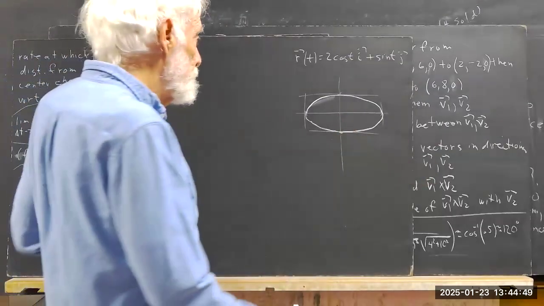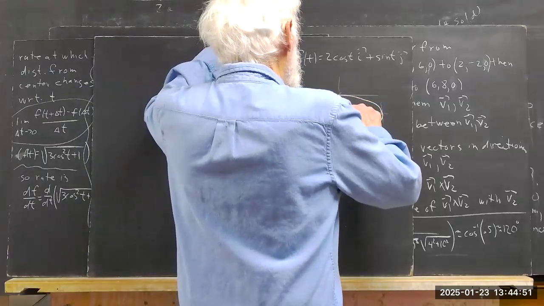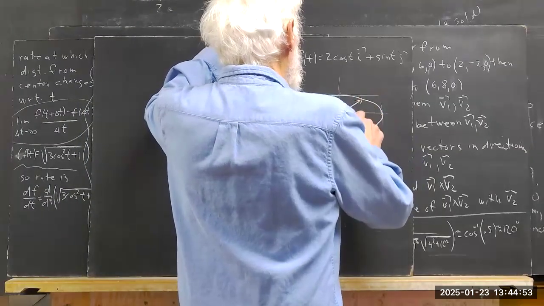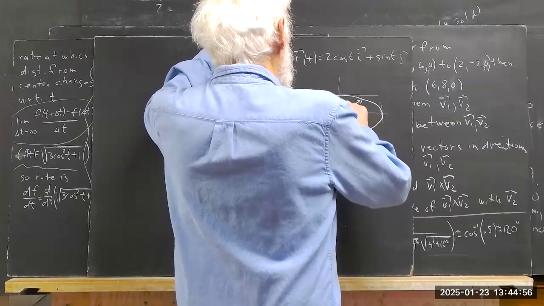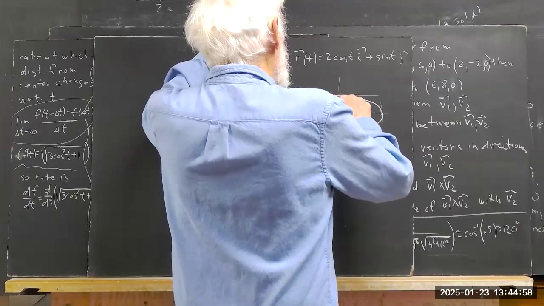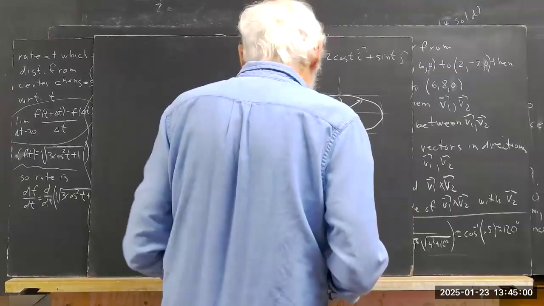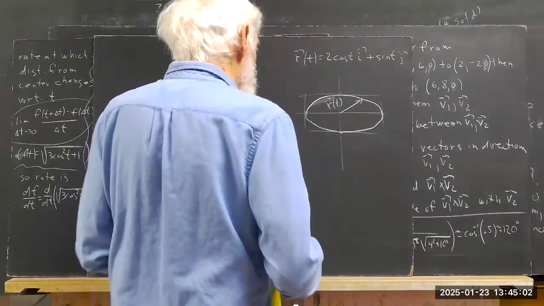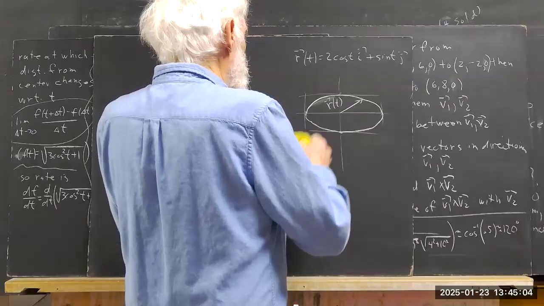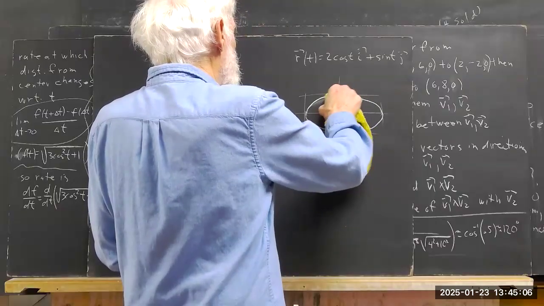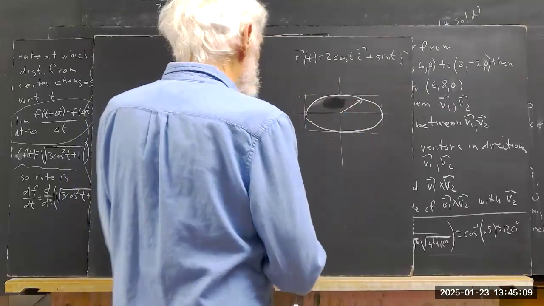And here is a typical R of T, and I'm already sorry I drew it there. I'm thinking ahead to what I'm going to do next.